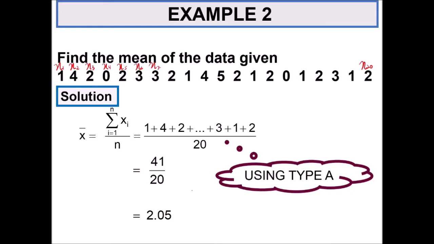To find the mean, x bar equals the summation of xi divided by n. We add all the x: 1 plus 4 plus 2 until the last term 2, and then divide by 20 because the number of observations is 20. The summation of x is 41, divided by 20, which equals 2.05. That is the mean for this data.